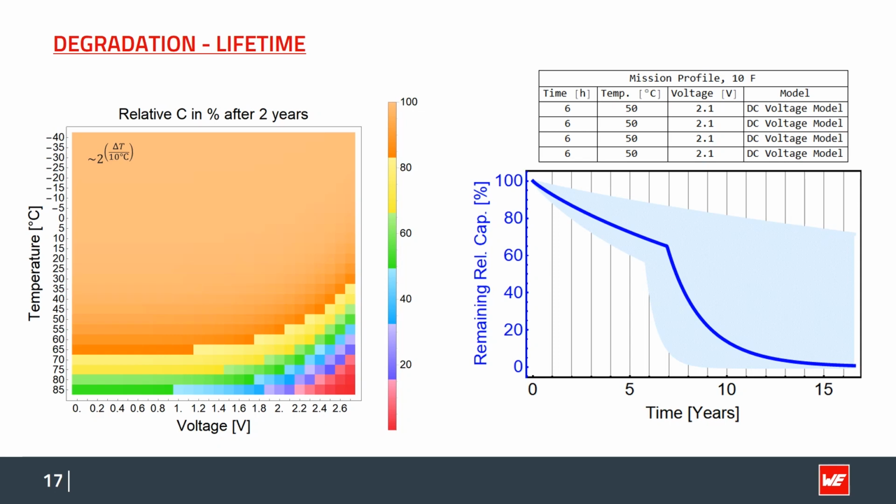Our model, which we use to calculate these graphs, also allows the prediction or estimation of degradation for certain mission profiles, as you can see on the right hand side. In this example, we have assumed an operation temperature of 50 degrees Celsius and a permanent voltage of 2.1 volts.